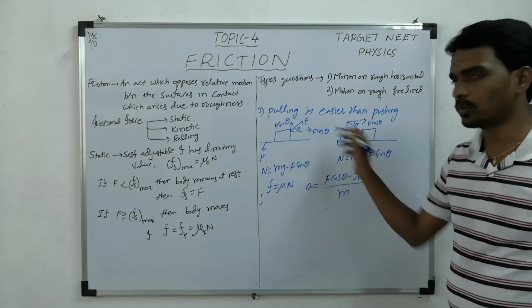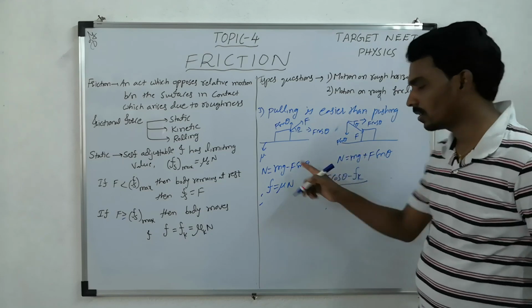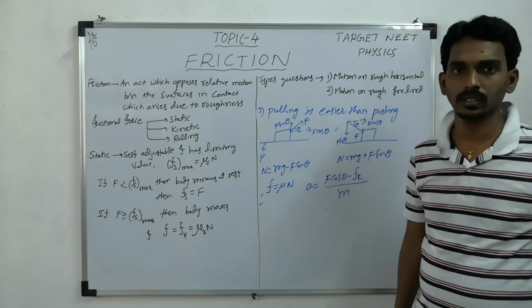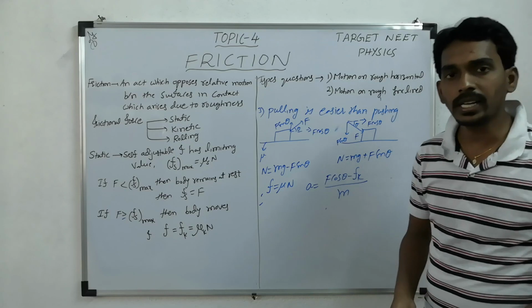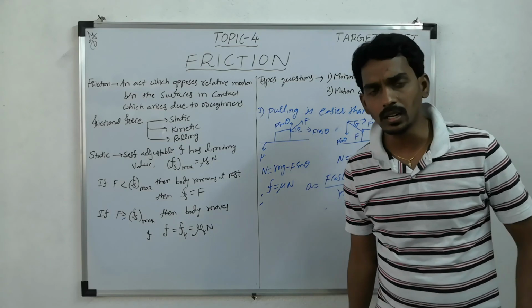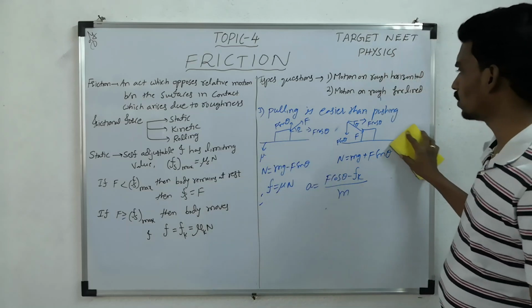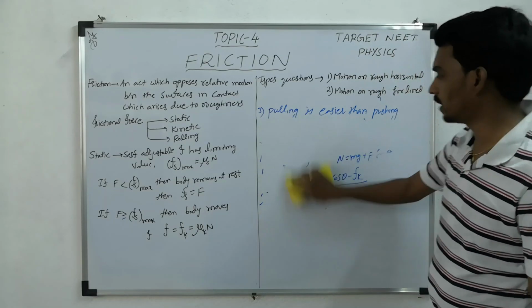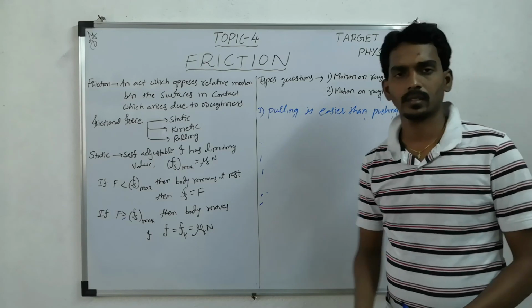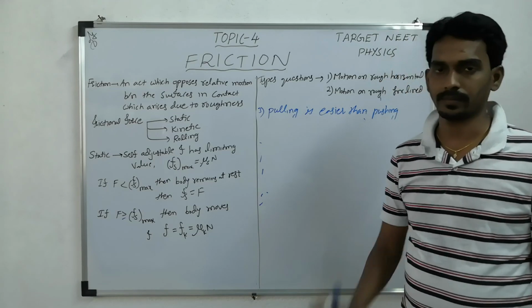The acceleration formula is the same in both situations, but what is the difference? Frictional force. In case of pulling, the normal reaction is lesser and friction is lesser. So that's why it is easier to pull a body than push. So pulling is easier than pushing.